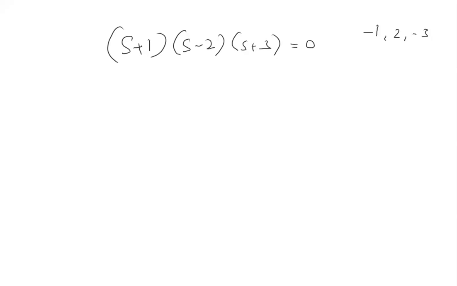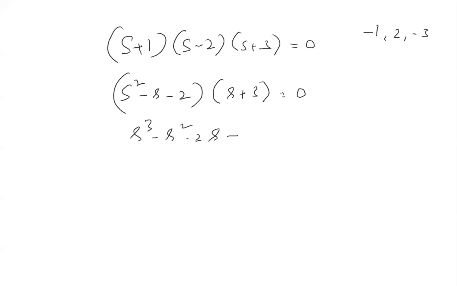Can you build a Routh criterion table for this one? s square minus s minus 2 into s plus 3 equal to 0. s cube minus s square minus 2s plus 3s square minus 3s minus 6 equal to 0. s cube plus 2s square minus 5s minus 6 equal to 0.